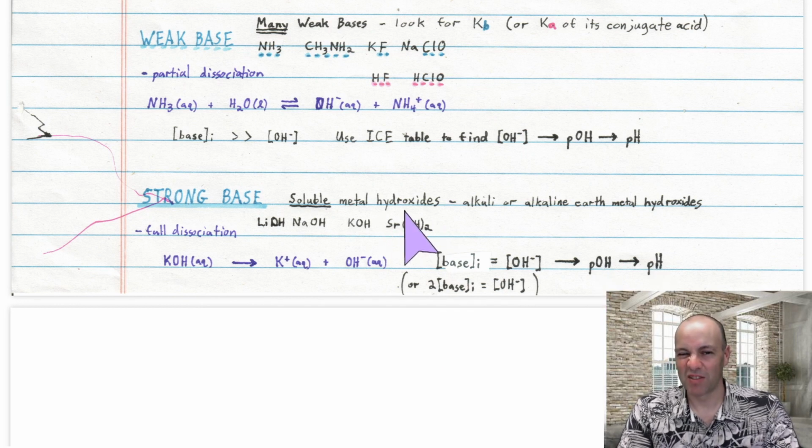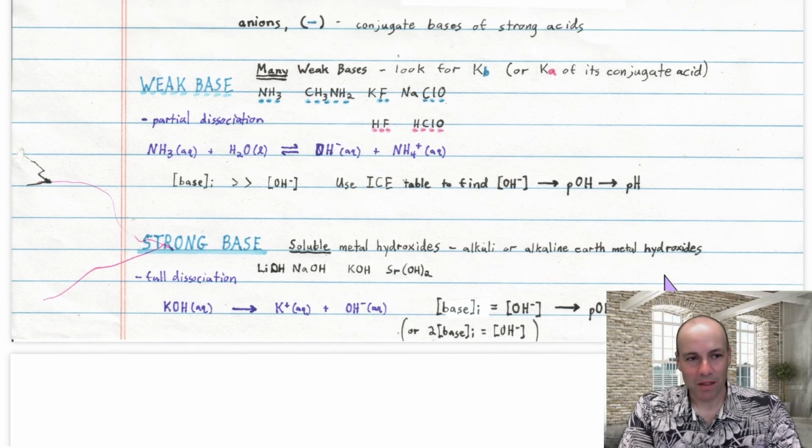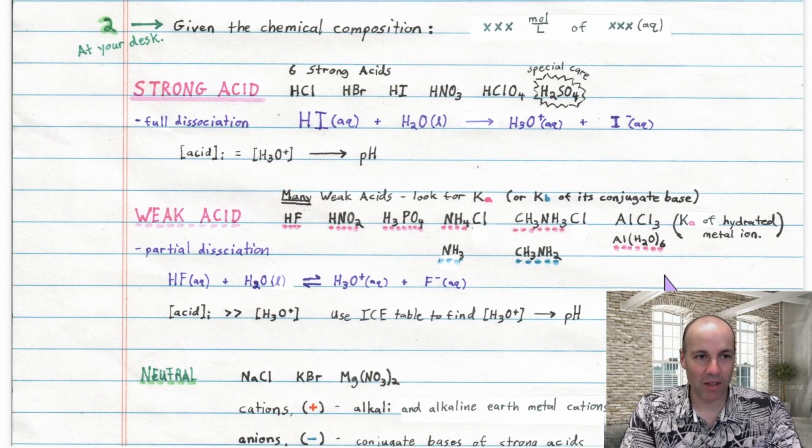If you have something like strontium hydroxide, then it's going to be twice the initial base concentration equals the hydroxide concentration. That's because you get 2 hydroxides per formula unit. But still, for strong bases, it's easy to get the hydroxide concentration and then get the pOH and then the pH.